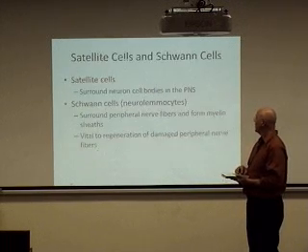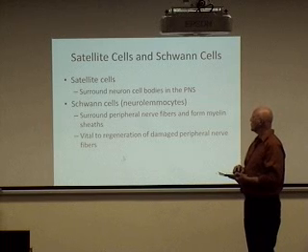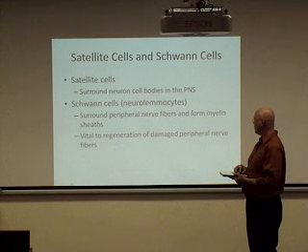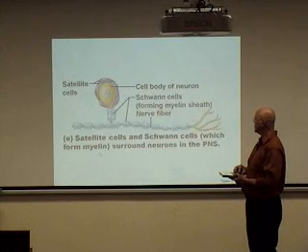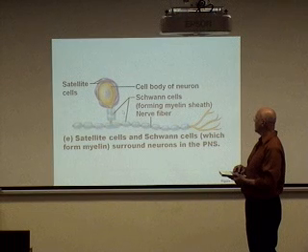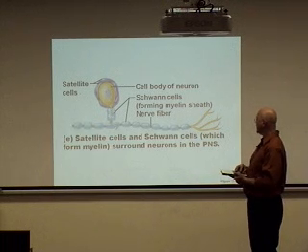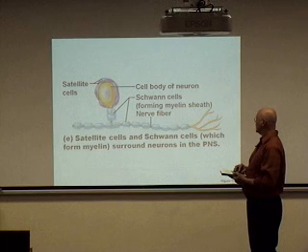Now we also have satellite cells and Schwann cells. These are found in the peripheral nervous system, and their function is the same as the oligodendrocytes in the central nervous system: the satellite cells and the Schwann cells form an insulative barrier around the neurons. That insulative barrier, this myelin sheath around the neurons, is very critical.